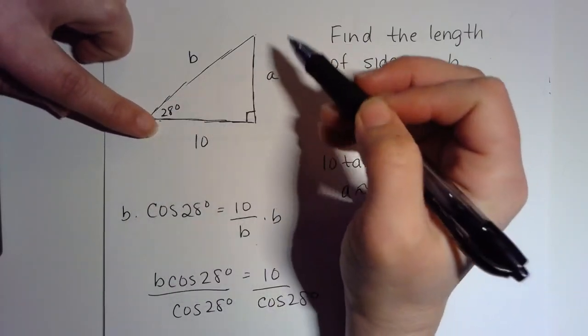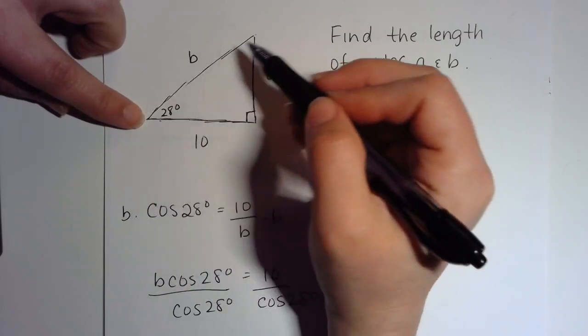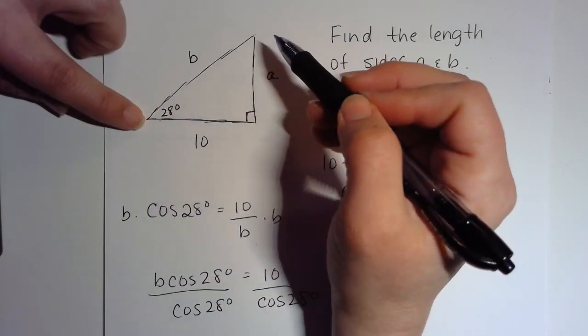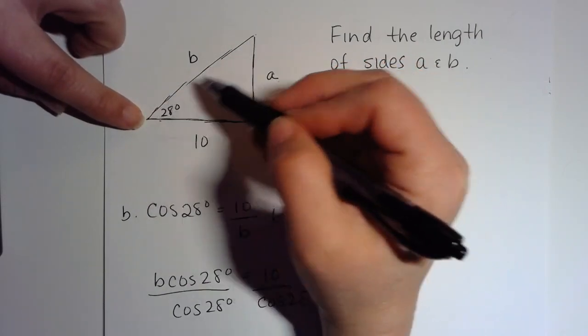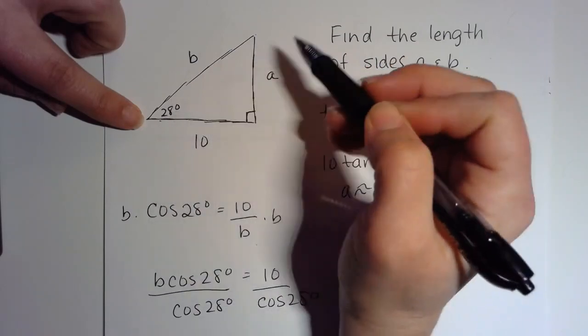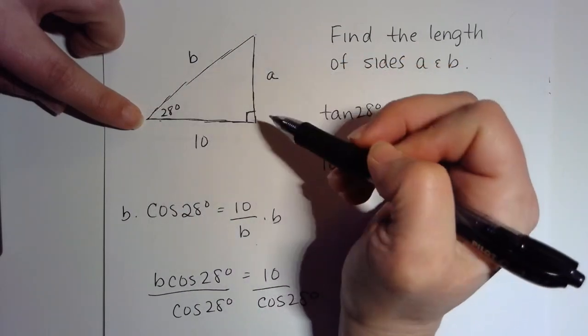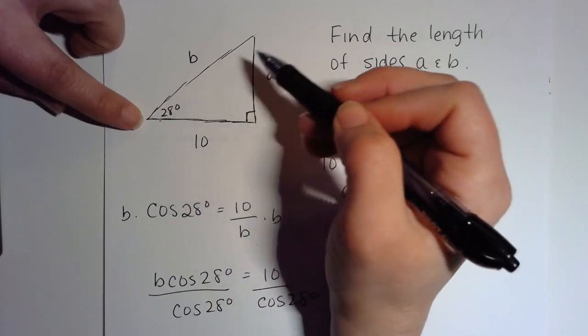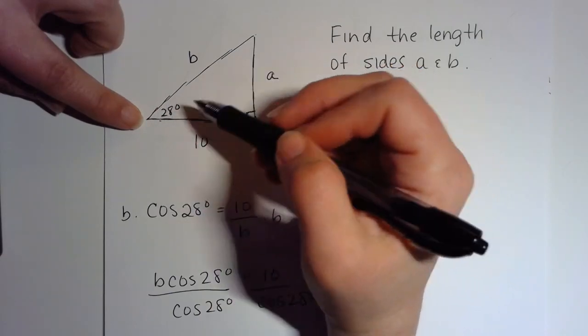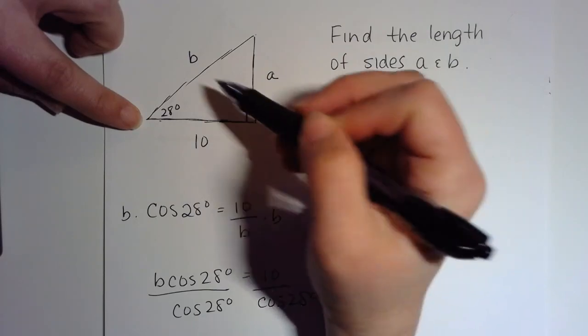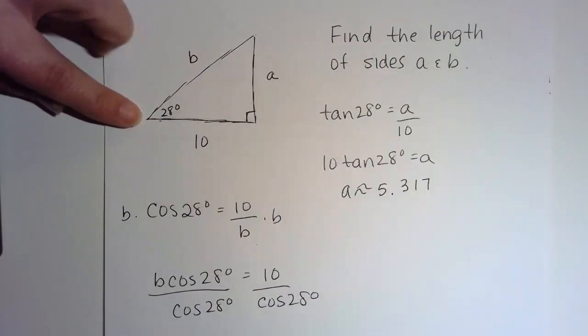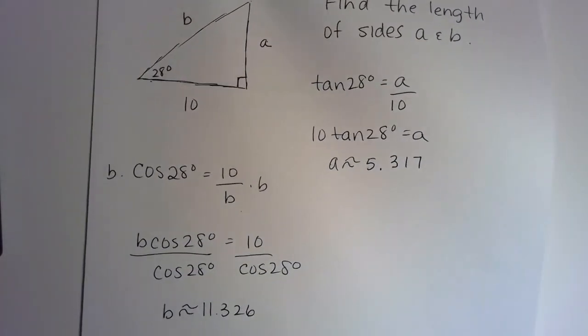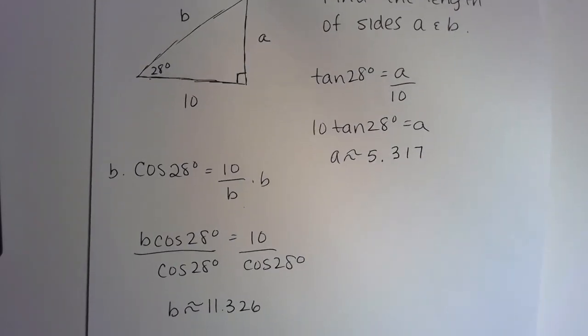So the largest angle has the largest side opposite it. That just makes logical sense. So the largest angle gets the longest side, and since this is 90 degrees and these two have to add up to 90, neither one of these can be larger than 90 degrees. So I know that this should be my longest side, and I did get that. I got 11.326, so that does make sense.